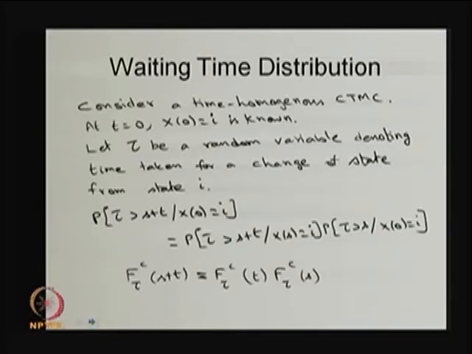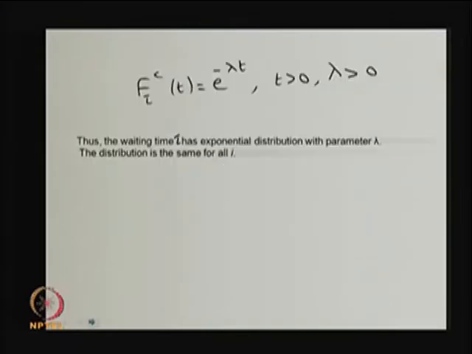In this derivation we have used the time homogeneous property, the total probability rule, and the Markov property. Therefore, the complement CDF ends up satisfying this equation. Now, we have to find out which distribution satisfies this property.